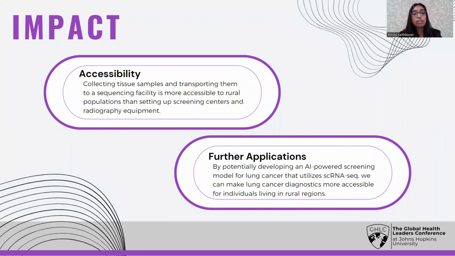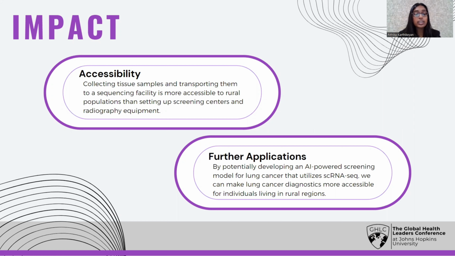Biomarker and scRNA-based screening for lung cancer can be really effective in improving diagnosis rates because they're a lot more accessible. For traditional methods, such as radiography scans, the patients need to be brought into a radiology center and screened, and that might not be accessible for individuals living in underserved or rural areas.